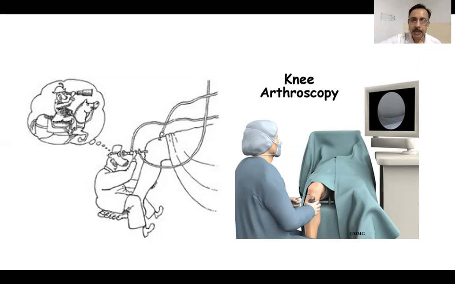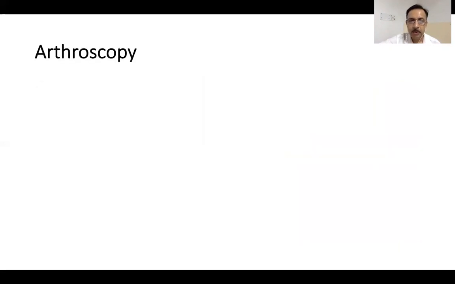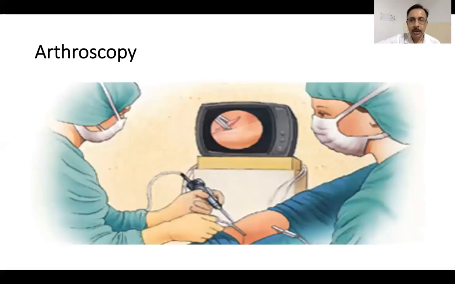By the early 1990s, surgeons were convinced that some things, especially the intra-articular problems of the knee joint or the shoulder joint, can be performed in a much more accurate way by arthroscopy than by open technique. Why? Because when you perform an arthroscopy, you are looking at a very magnified image, which you can't see even with your naked eyes.